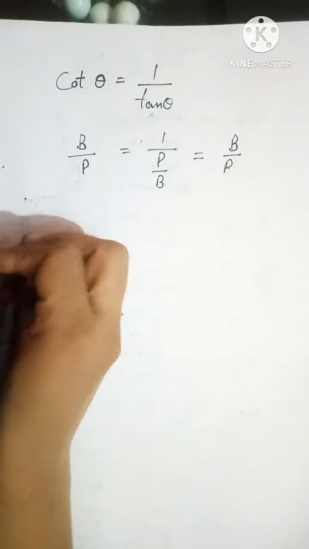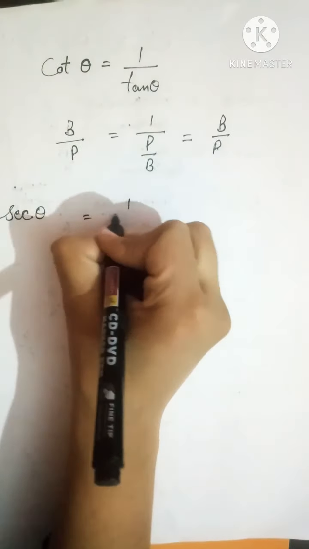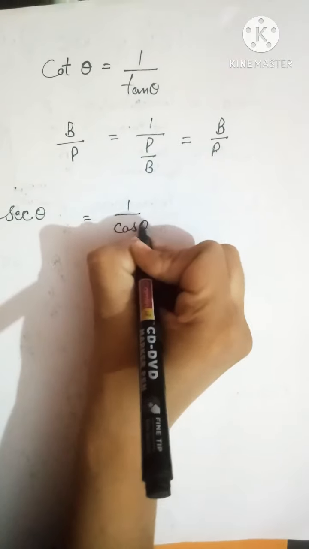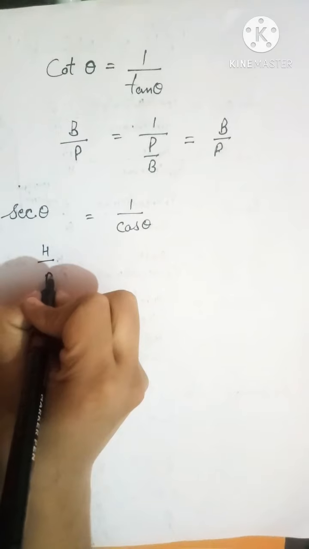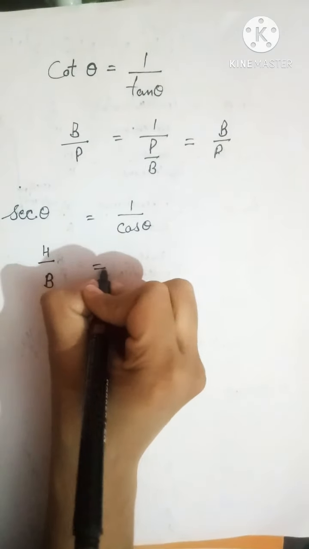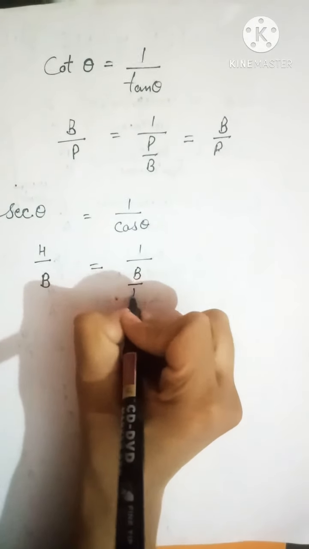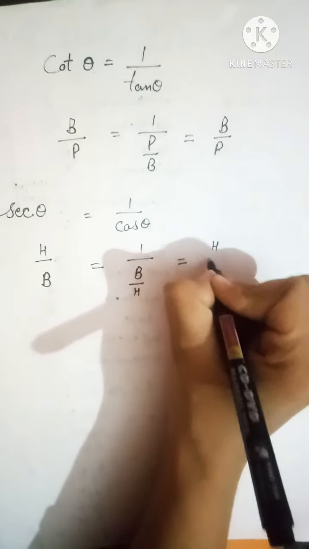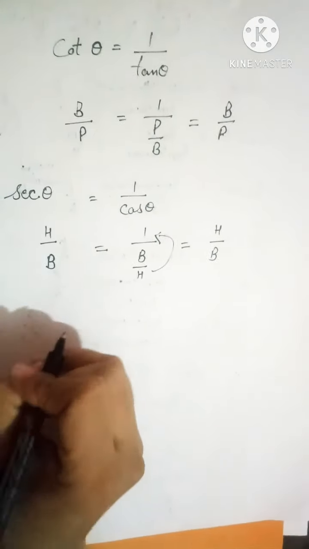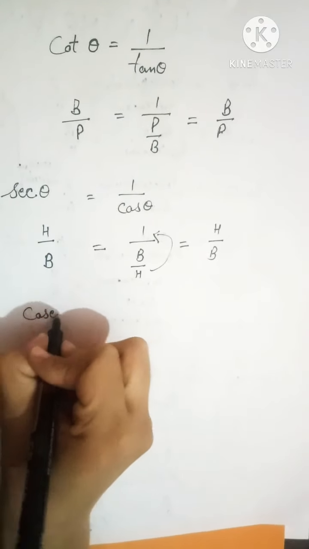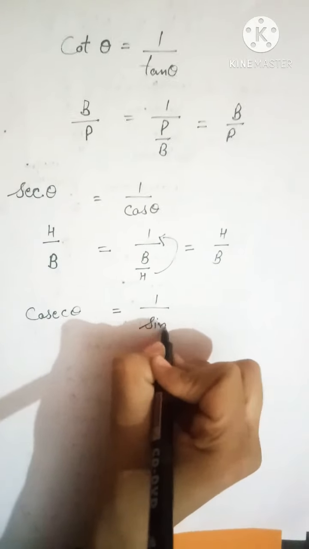Next, come to secant theta. Secant theta is actually the reciprocal of cos theta. That is, secant theta we had H upon B, and cos theta is B upon H. We get H upon B. Similarly, the last one, cosecant theta, is the reciprocal of sin theta.